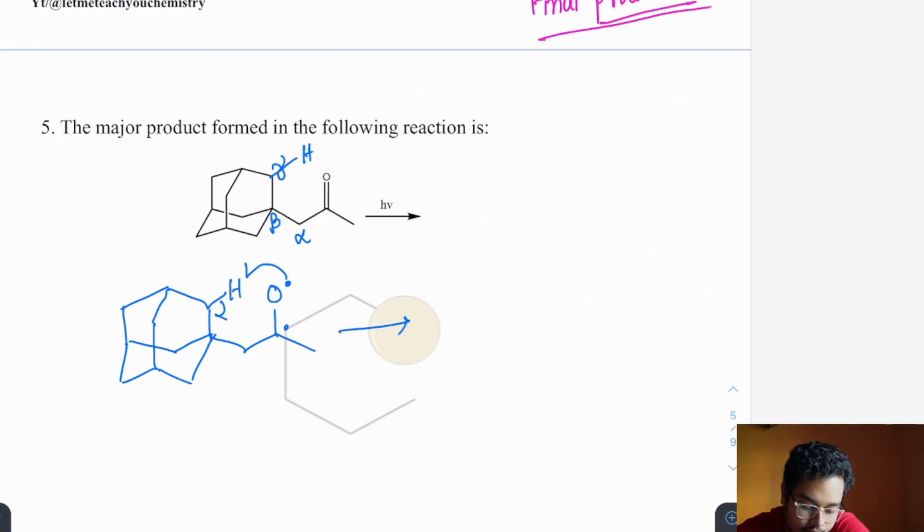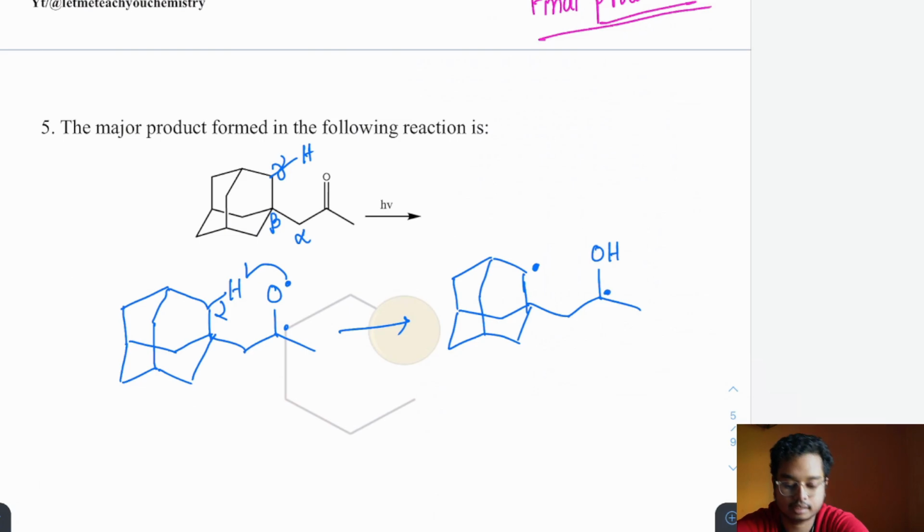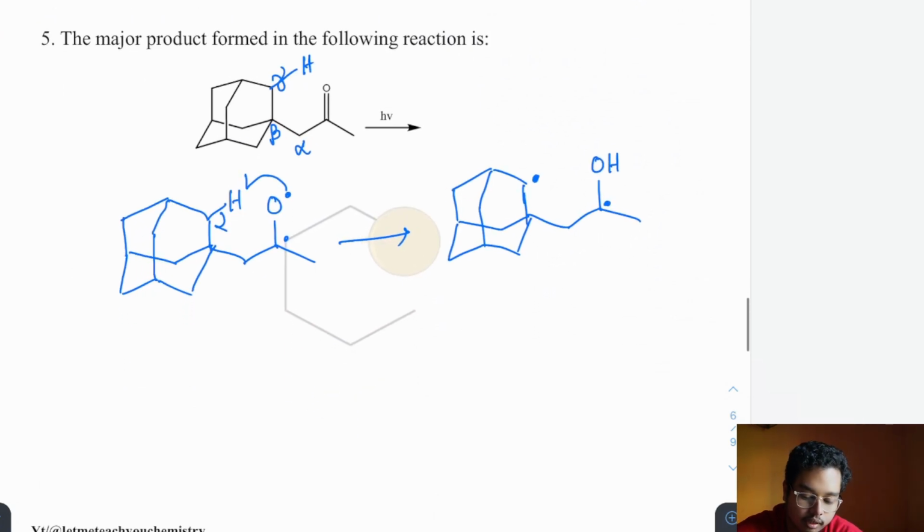So finally we get here a radical. This is the gamma position. We get a radical here and OH, and we get this radical. Now there is another possibility. Now what is the second step?